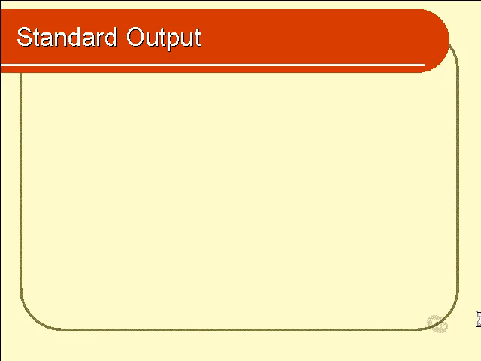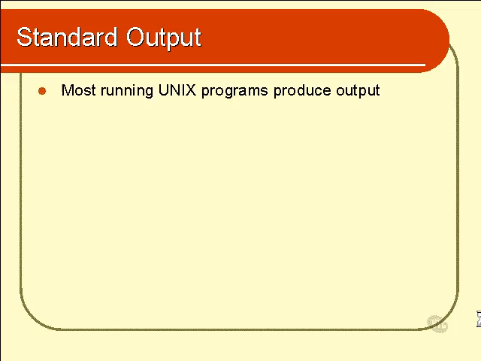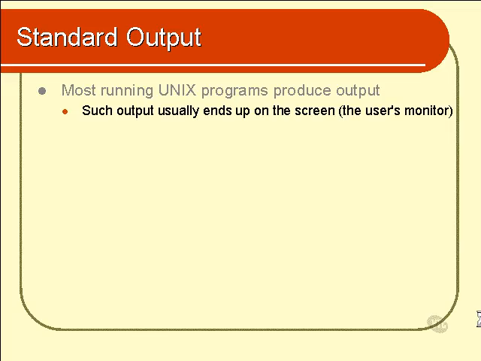Let's begin. In order to understand redirection and piping, we have to have some notion of what standard output is. You could say that most running Unix programs produce output. So what is output? Output is typically what you see printed on the screen, on the monitor if you like, by the program.